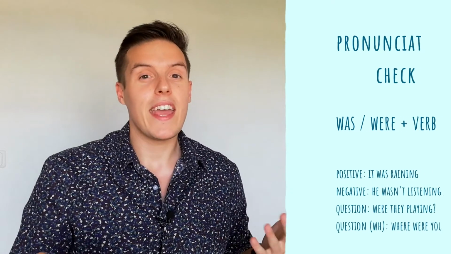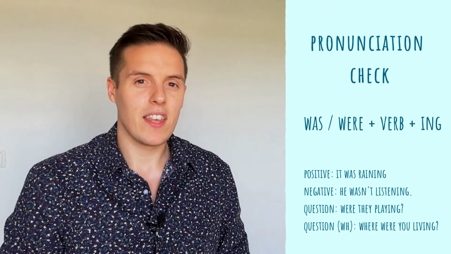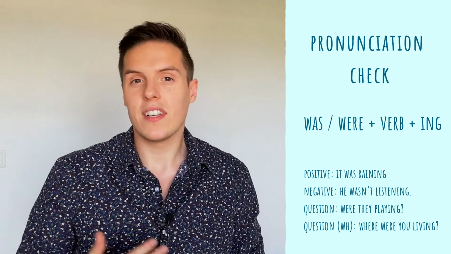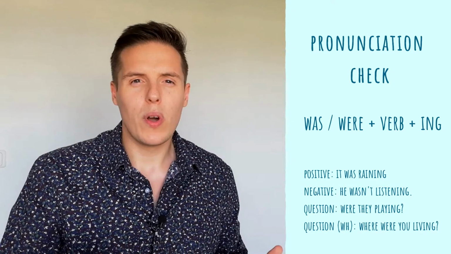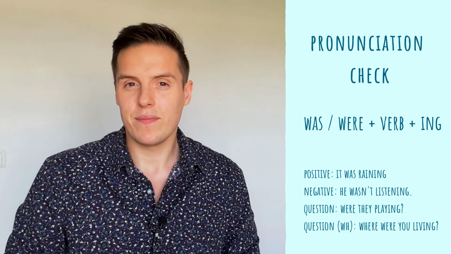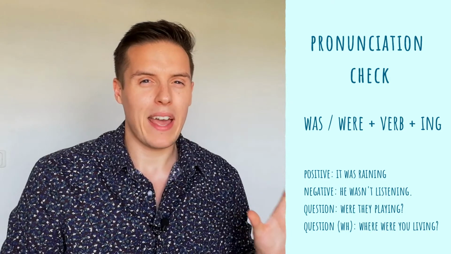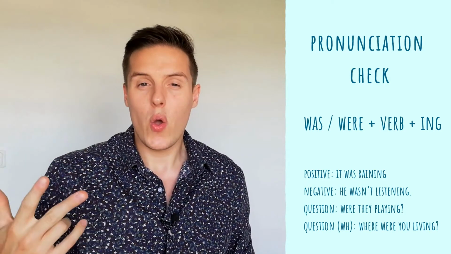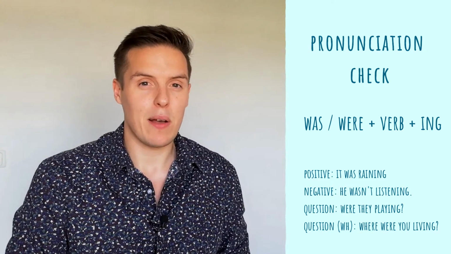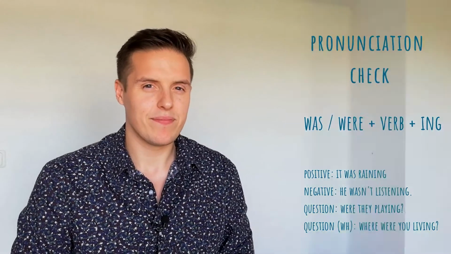Positive: it was raining. Negative: he wasn't listening. Question: were they playing? And also another question with WH, for example where, why, who. So for example: where were you living?